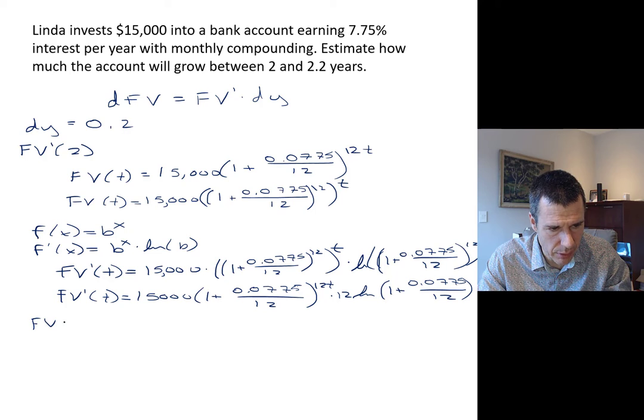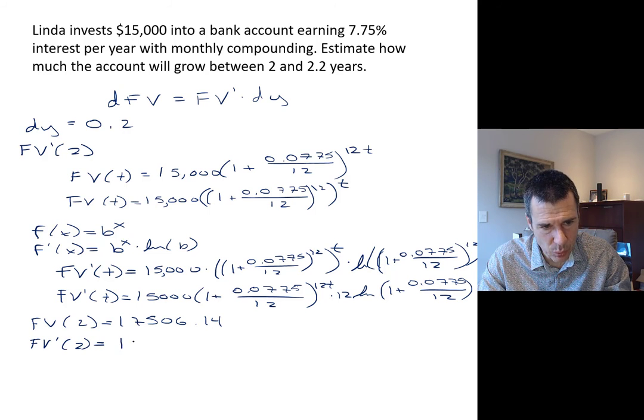The future value in 2 years is $17,506.14. The derivative, this is the instantaneous rate of growth in 2 years, is $1,352.36.